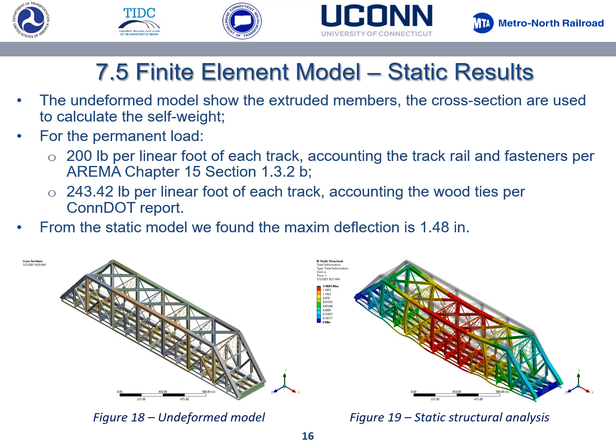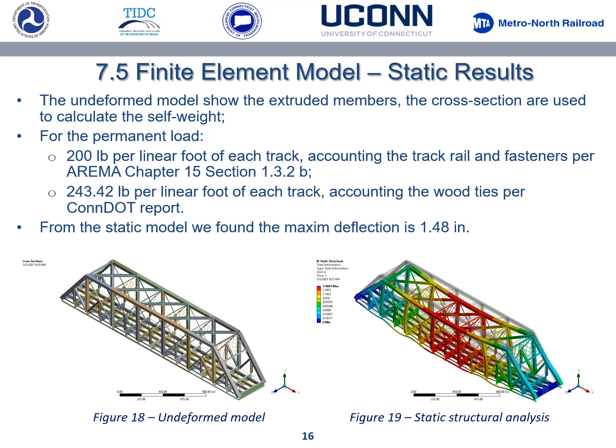Finite element model, static results. On figure 18, we have the undeformed model. On figure 19, we have the deformed model due to the self-weight of the structure and the permanent fixtures. The self-weight was calculated automatically by the software, since we input the closest cross sections and the software knows the density of the material.